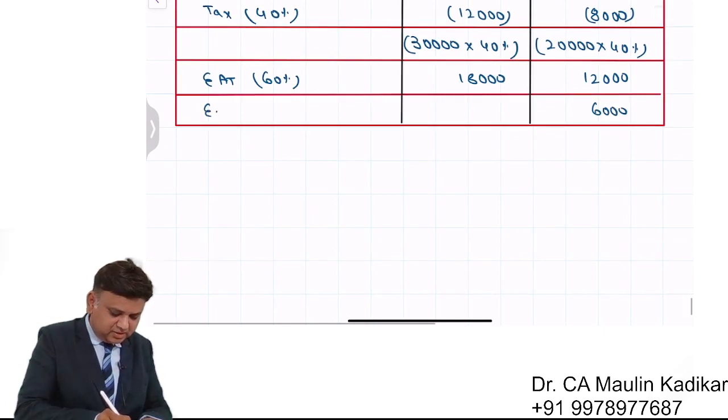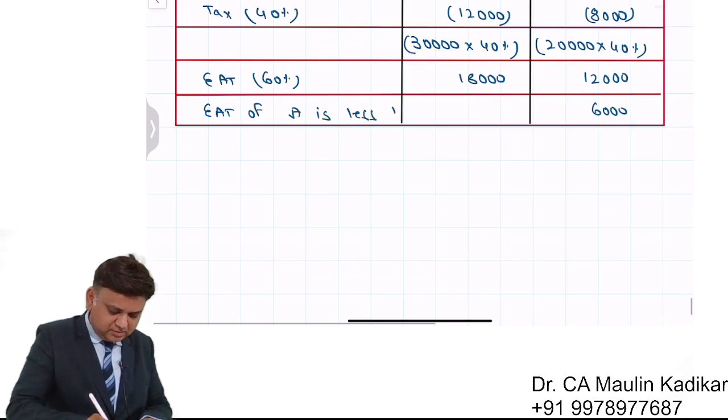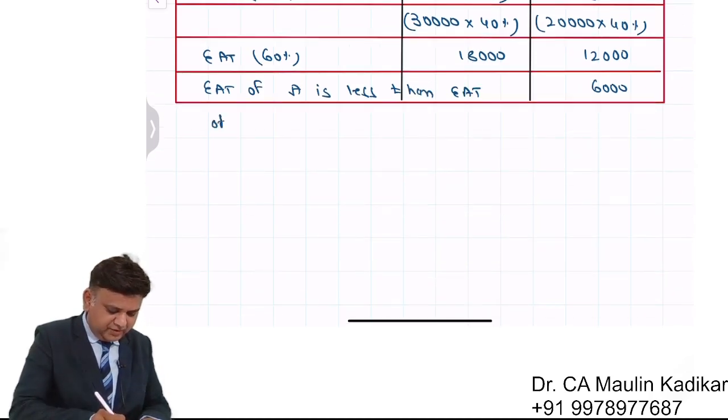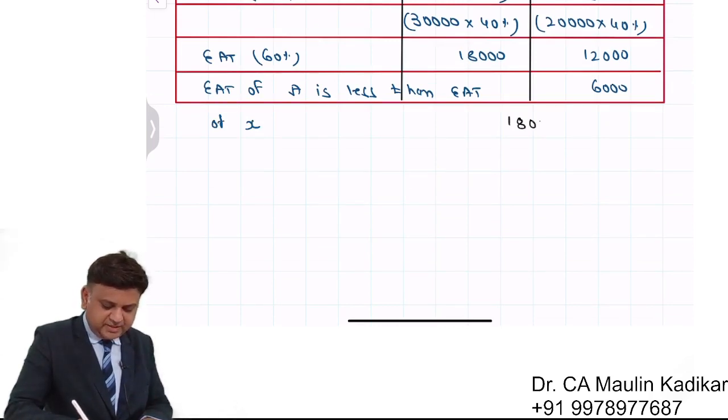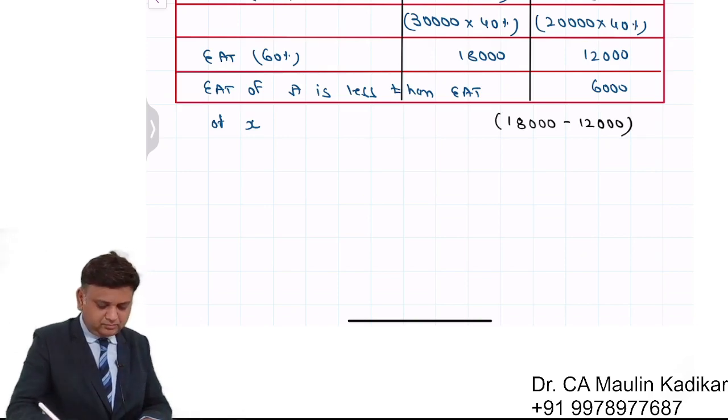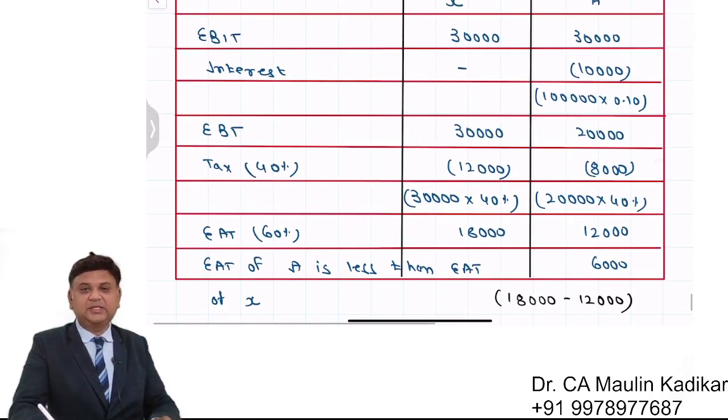We can say that the earning after taxes of A is less than EAT of X by 6,000. How is this 6,000 calculated? It is 18,000 minus 12,000. That is the way it comes to 6,000.